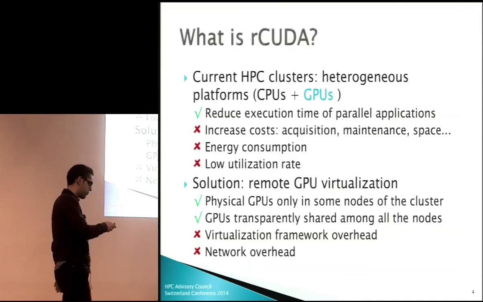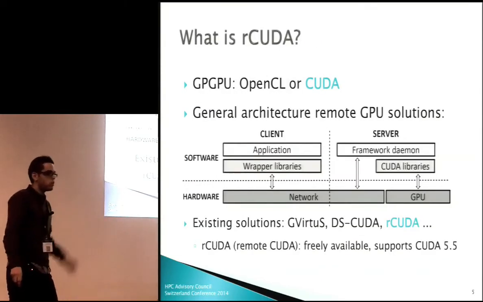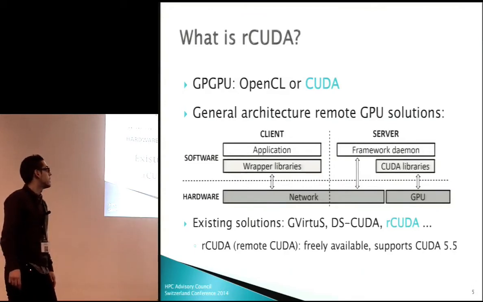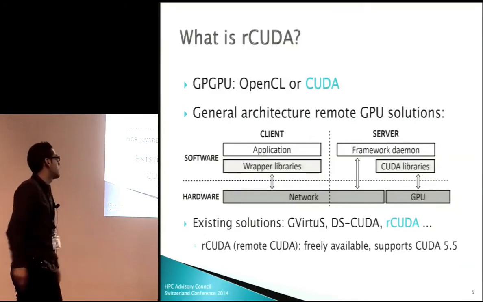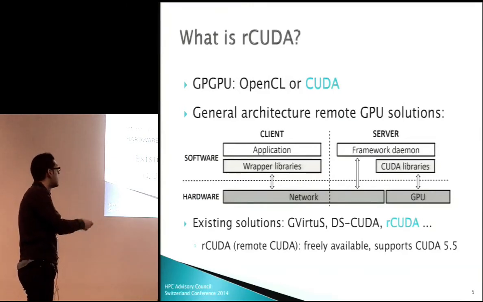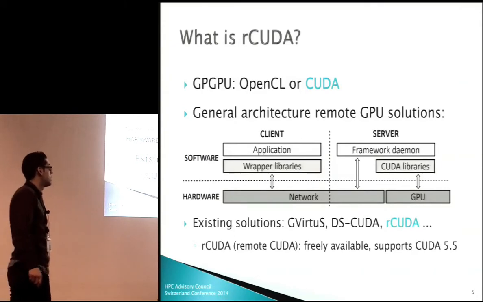Okay, so when we talk about using GPUs in order to accelerate applications, we are mainly talking of two techniques, OpenCL or CUDA. In this presentation, we will focus only on CUDA. This is the general architecture for remote GPU solutions in the context of CUDA. Here we have a client which is running a CUDA application.